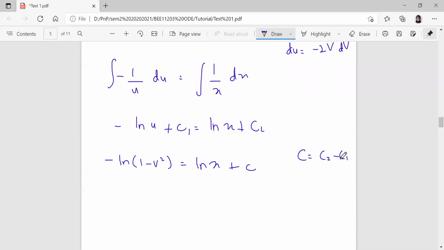Then we want to remove the ln, so we have to exponentiate both sides.